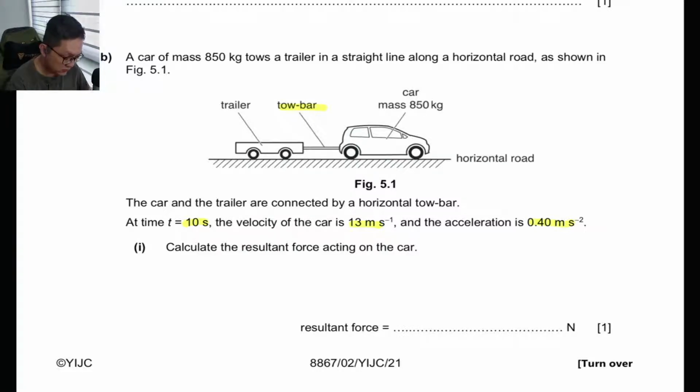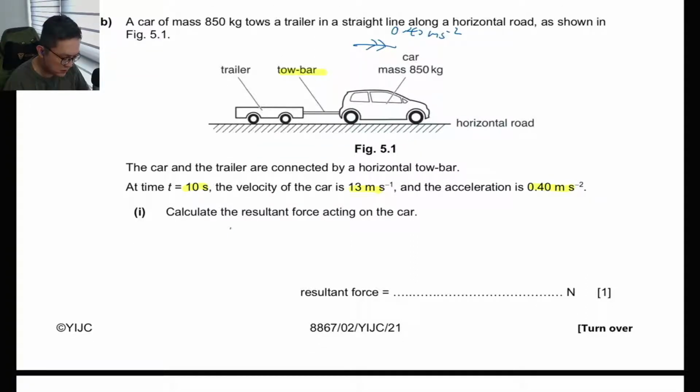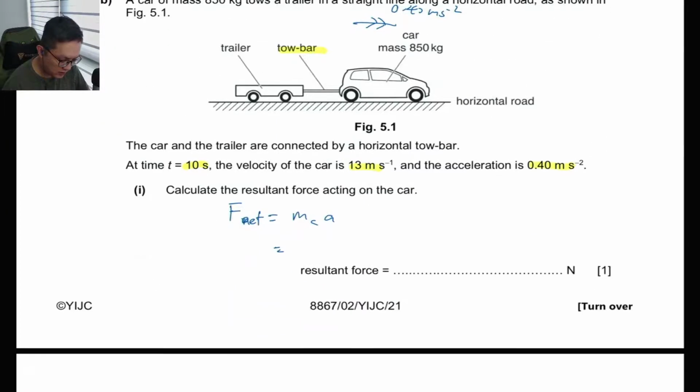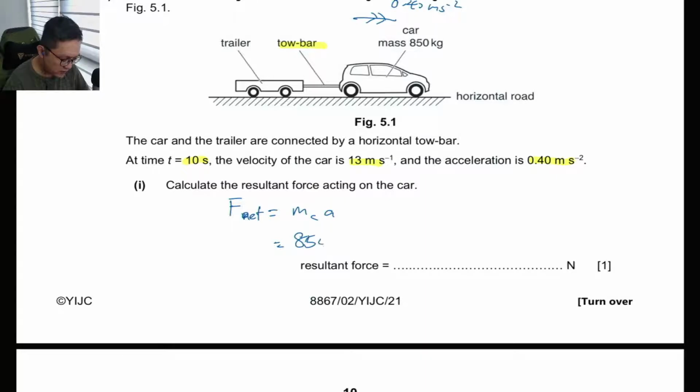Right, so let's just draw in the acceleration vector here. So this acceleration over here is just 0.40 meters per second square. Right, so the calculated net force is just F net equals mass of car multiplied by acceleration. So this will be 850 kg, 850 times 0.40.